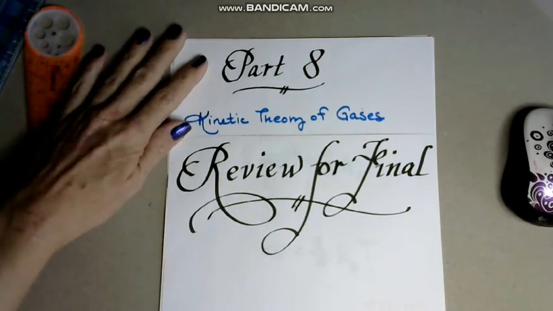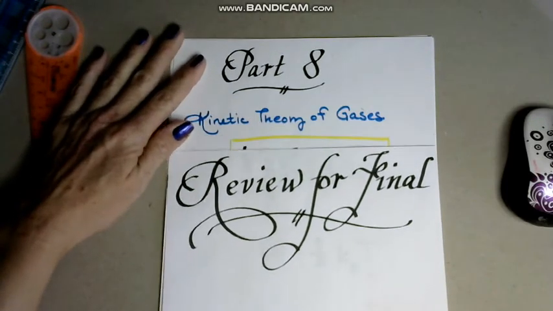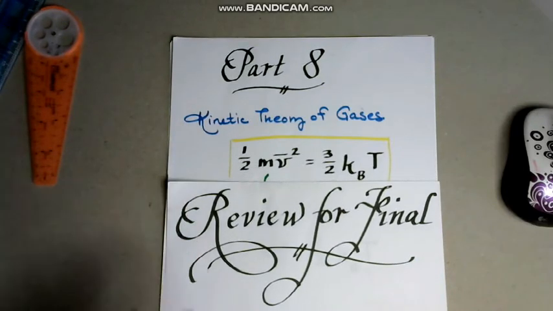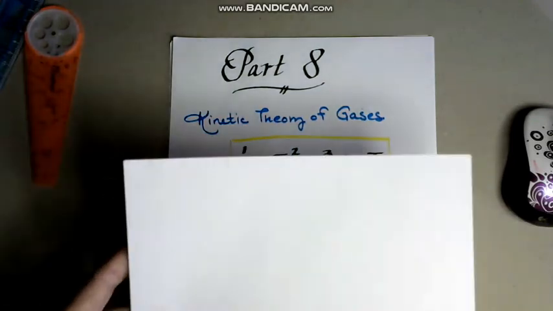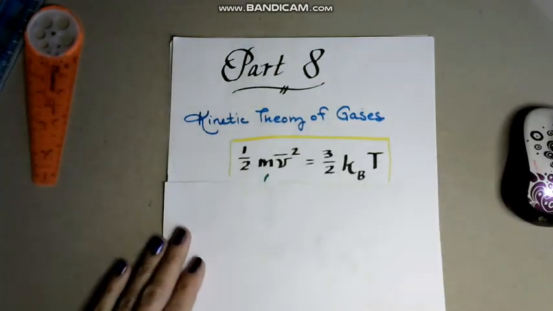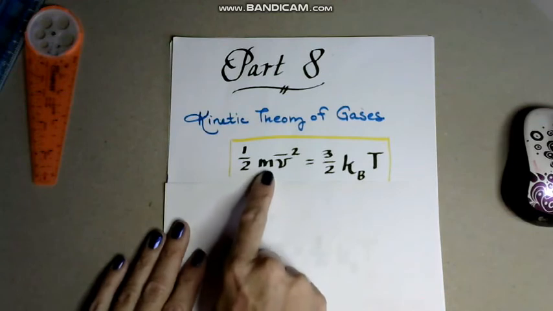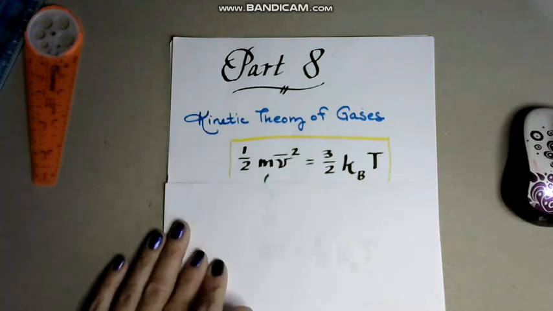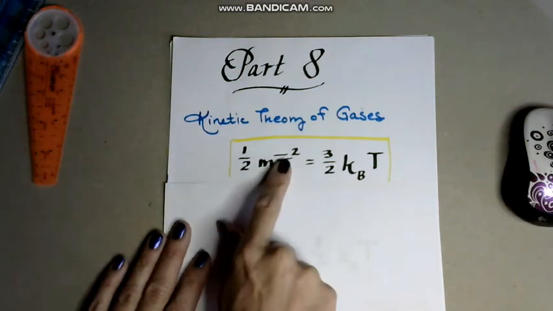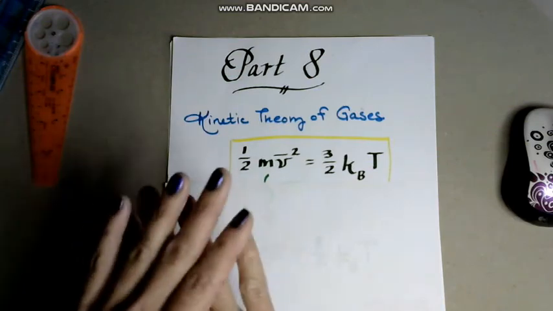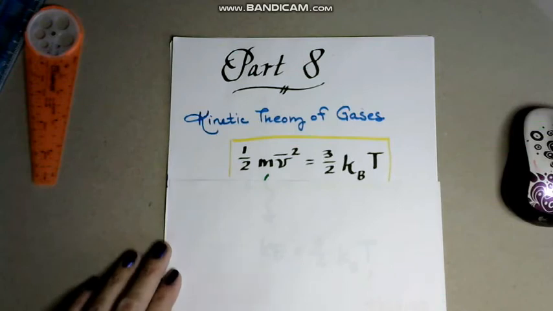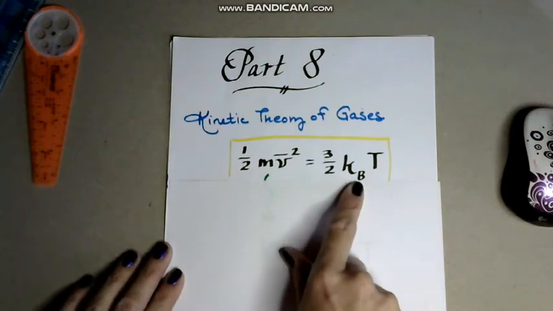This part 8 deals with the kinetic theory of gases. If you look at your equation sheet, you will see something that looks like this. 1/2 mv squared, you know that is kinetic energy in general. Try not to get upset by that little bar right there. That just means root mean square, which is a statistical average of the overall velocities of each of your particles. 3/2 kBT.